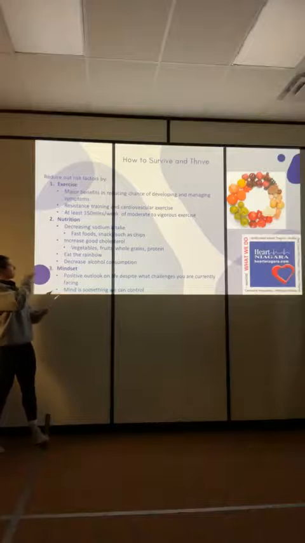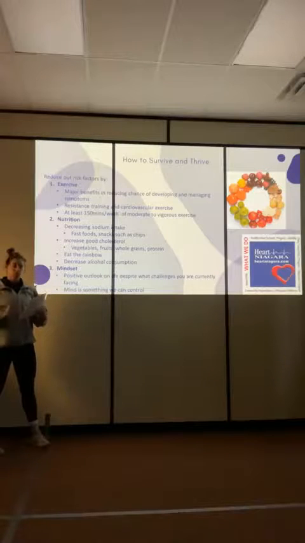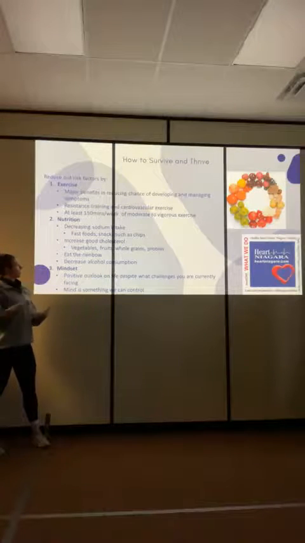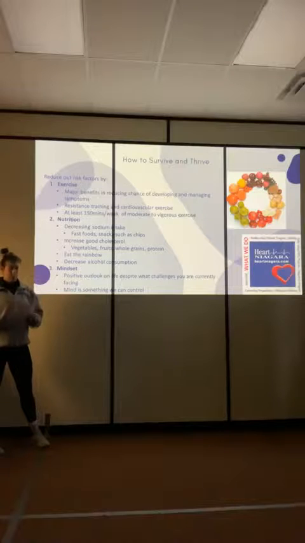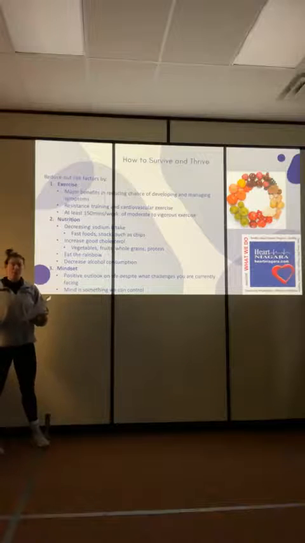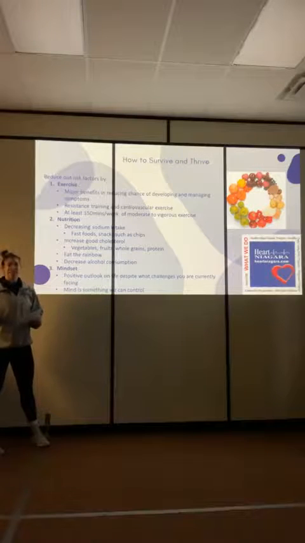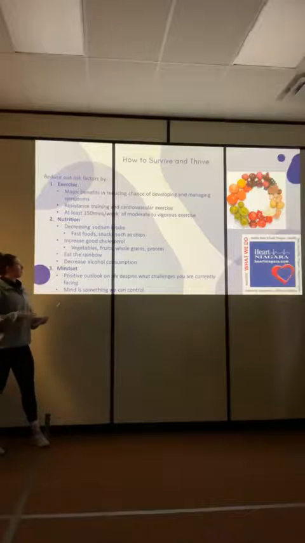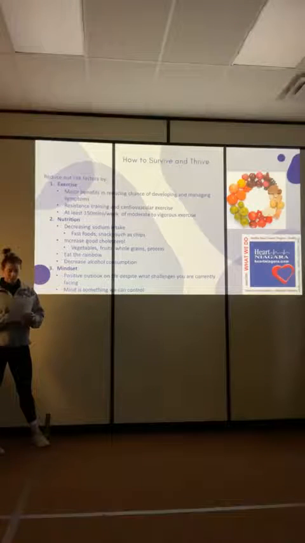I've just listed a few things that you can do to help with chronic disease. Decreasing your sodium intake will help with your blood sugar levels or blood pressure levels. Try to eliminate how much fast food you eat or salty foods such as chips. We want to increase our good cholesterol, so eating things like vegetables, fruits, whole grains, and protein help to lower your risk of heart disease.